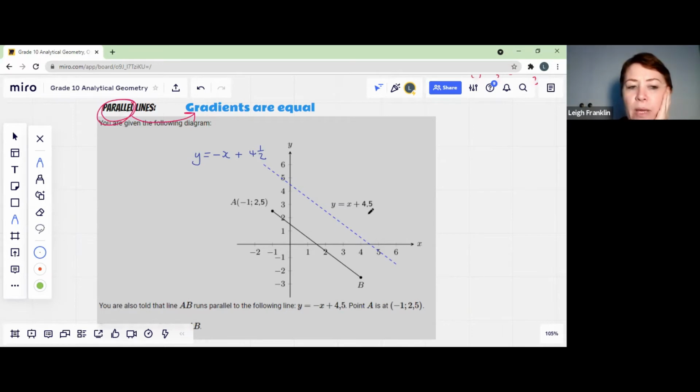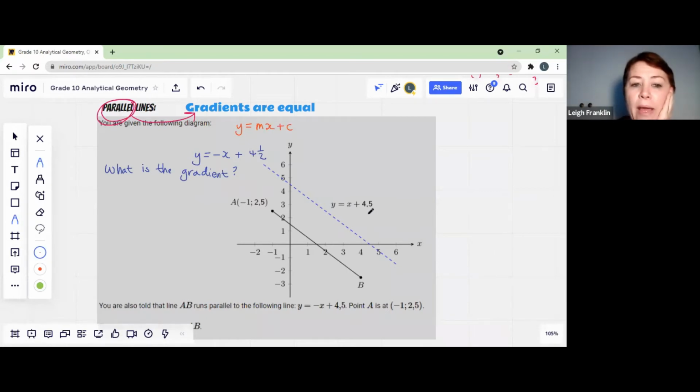Can anyone tell me? Number 5. Unfortunately not. Which letter in y equals mx plus c represents gradient? The m, exactly, Nizole.